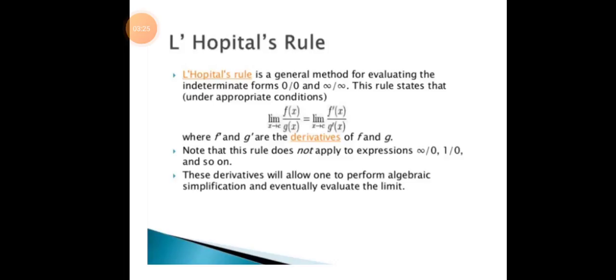Note that this rule does not apply to expressions like infinity over 0, then 1 over 0, and so on. These derivatives will allow one to perform algebraic simplification and eventually evaluate the limit.